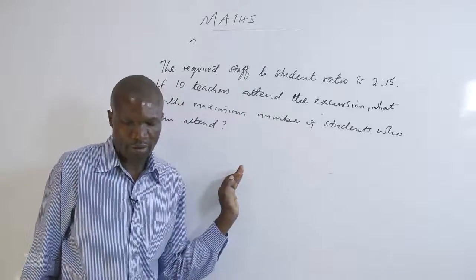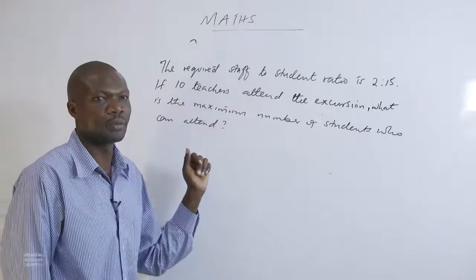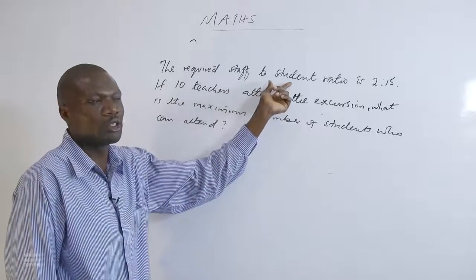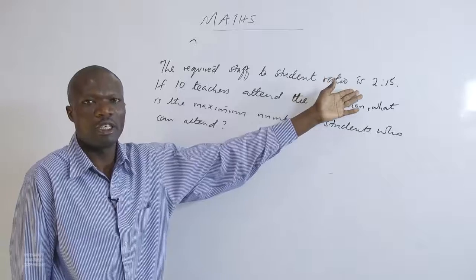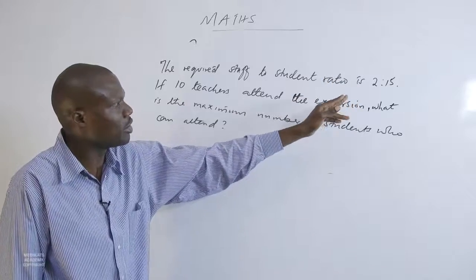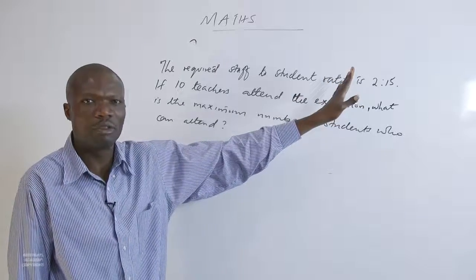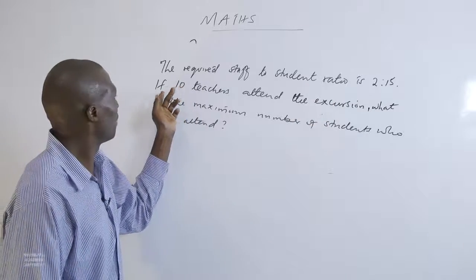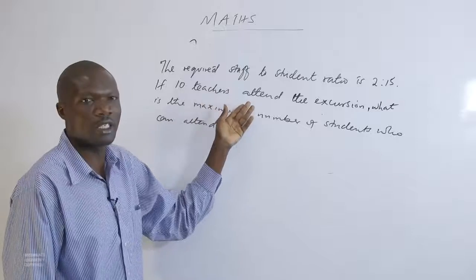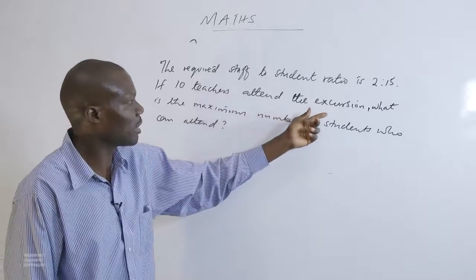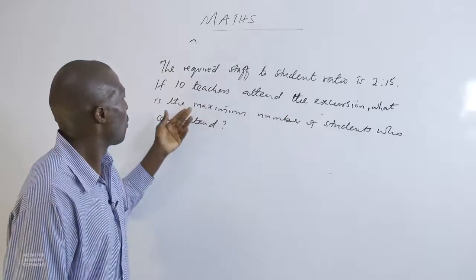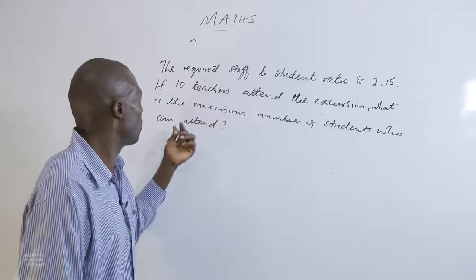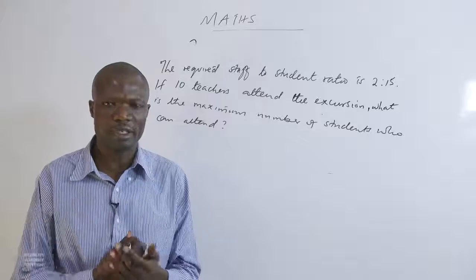Now here, the question reads, the required staff to student ratio is 2 to 15. And we proceed to say if 10 teachers attend the excursion, what is the maximum number of students who can attend?